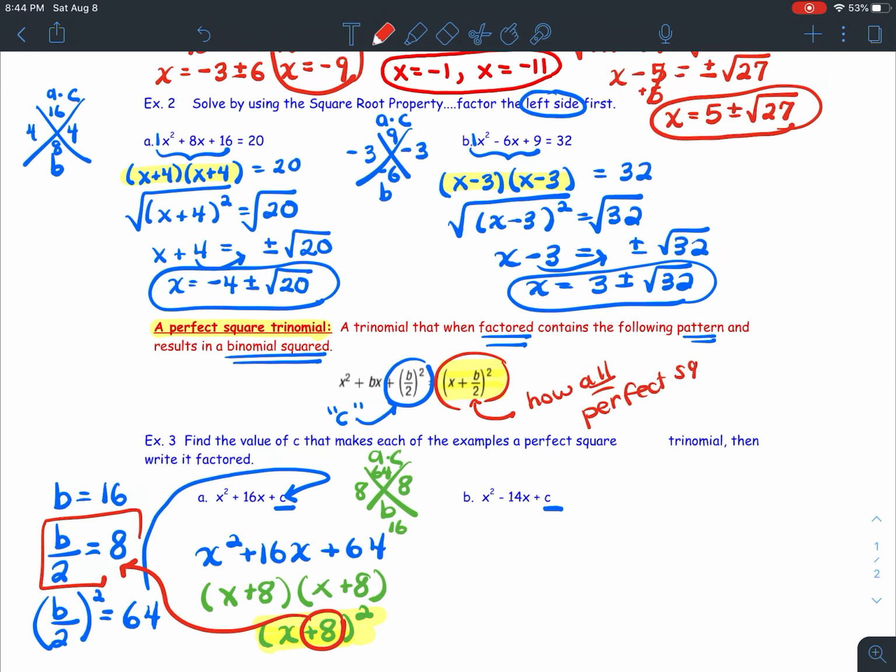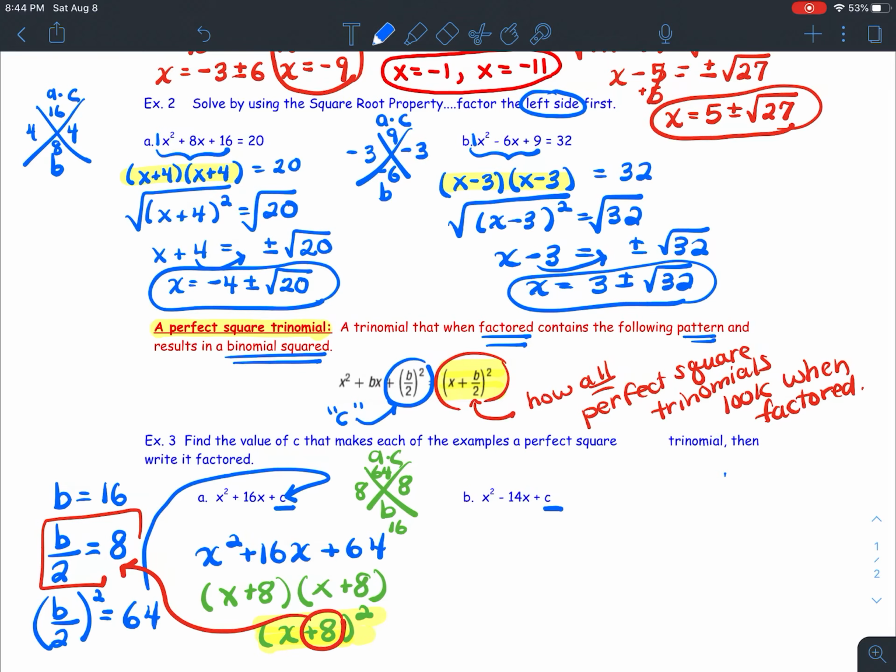So I'm going to make a little note here of how all perfect square trinomials look when factored. Eventually you're going to want to memorize that they will always factor into x plus b divided by 2, that quantity squared. Okay, let's try another one here.